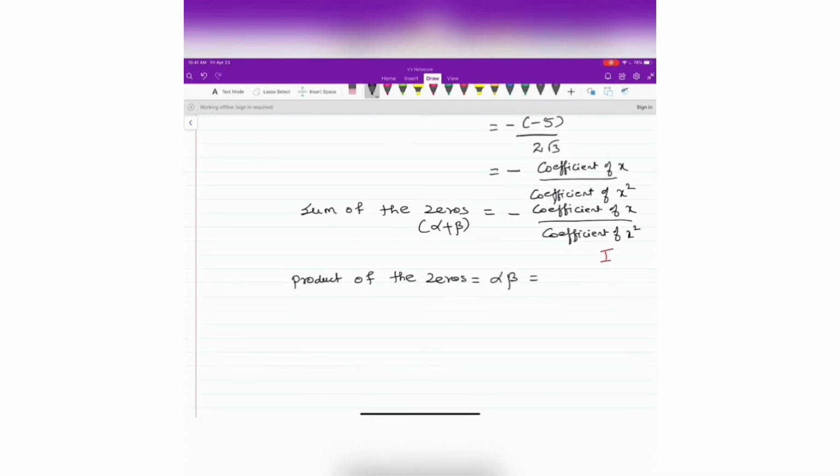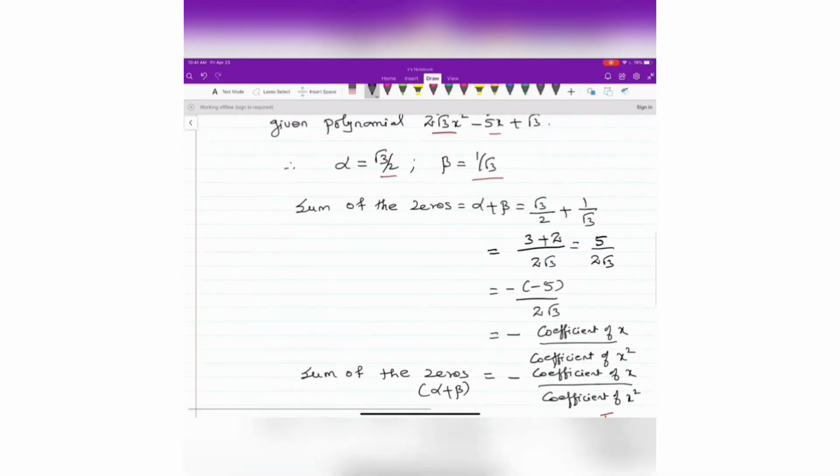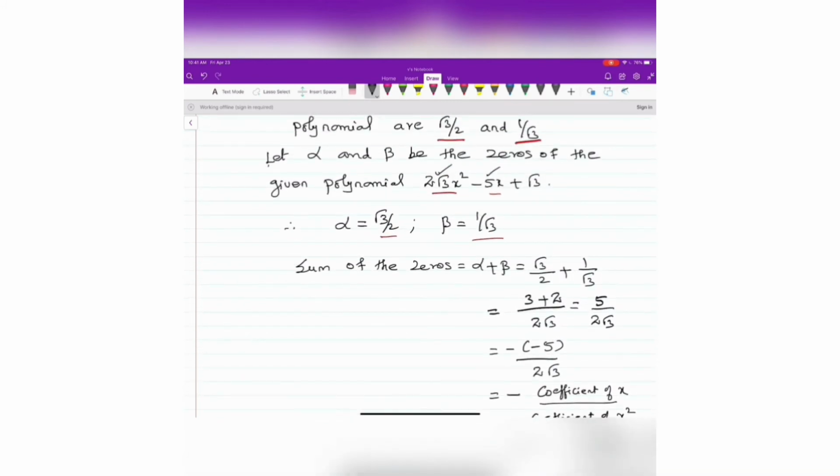I will be getting, this is root 3 by 2 into 1 by root 3, which is root 3 by 2 root 3. What is root 3? If you see in the given polynomial, root 3 is the constant term and 2 root 3 is the coefficient of x square.